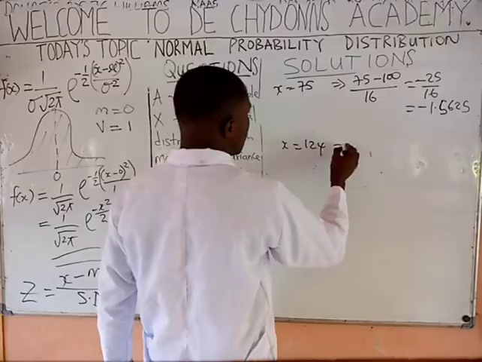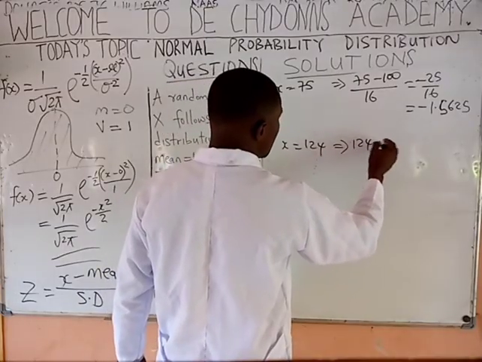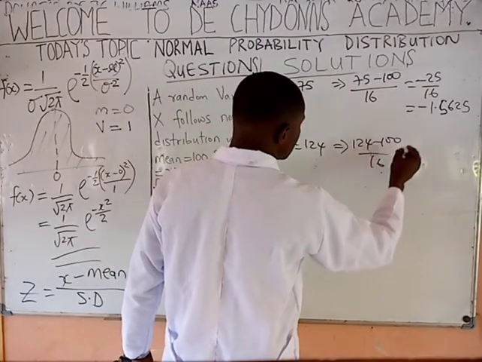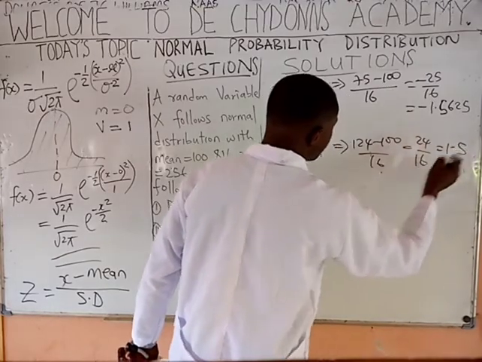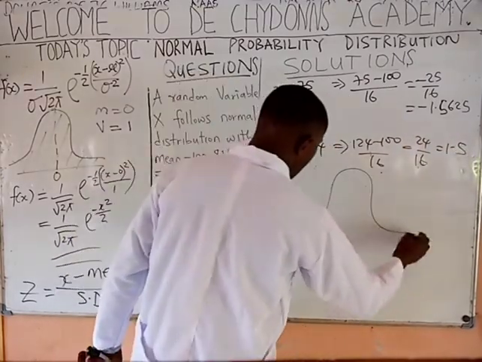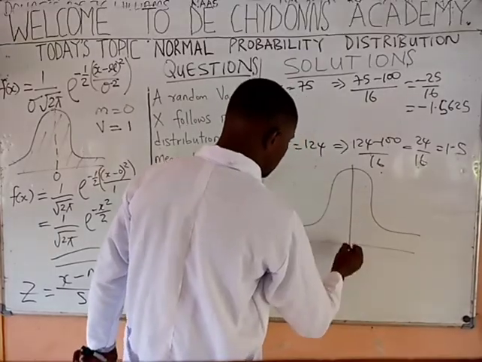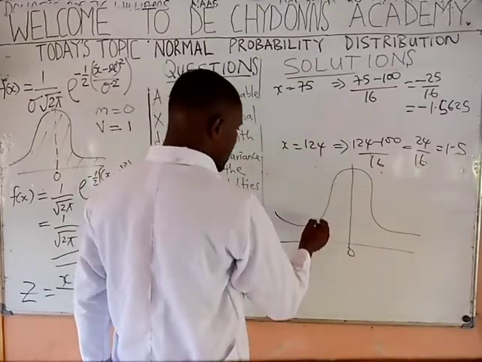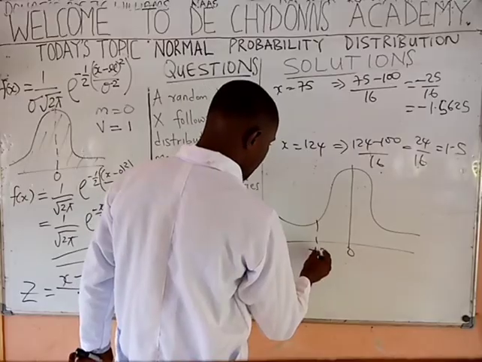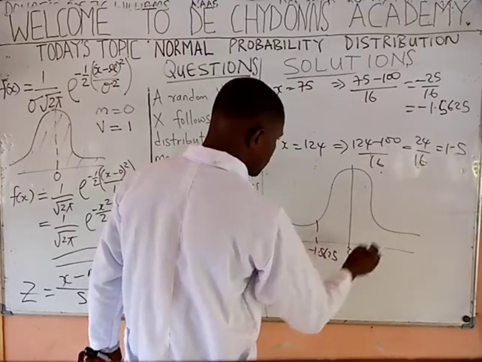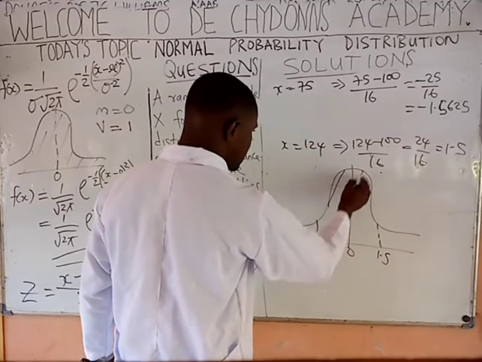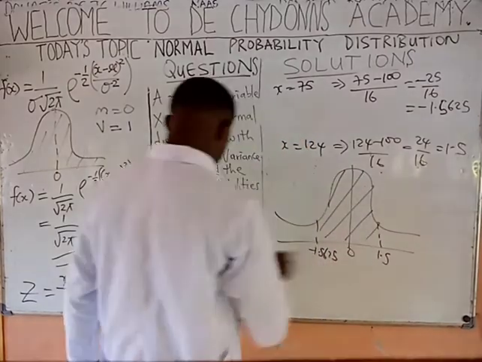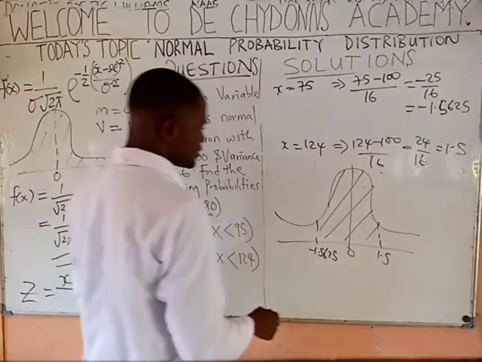Then for 124 minus 100 all over 16, equal to 24 over 16, equal to 1.5. Locate it in your normal curve. Here is 0, negative 1.5625, and positive 1.5. So this is the region that lies between 75 and this.